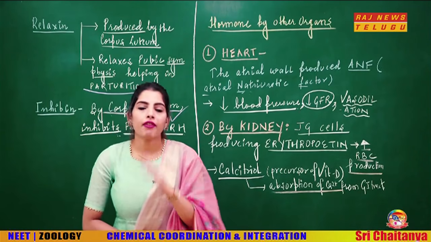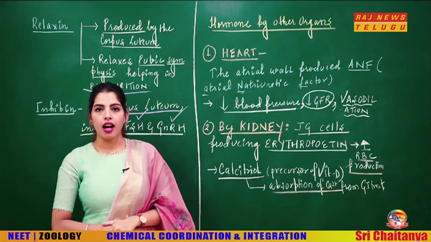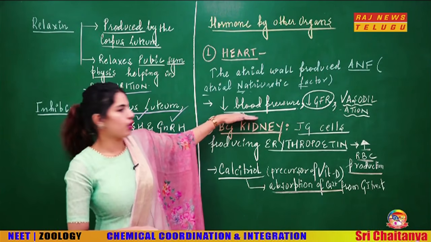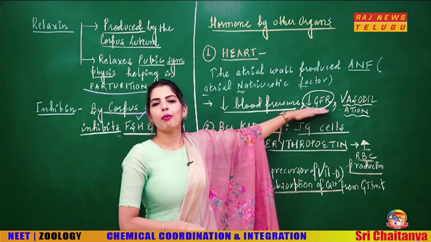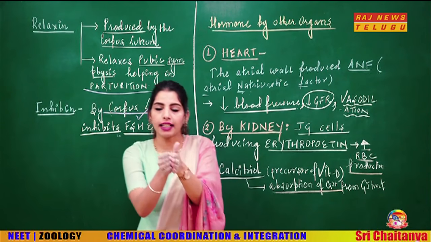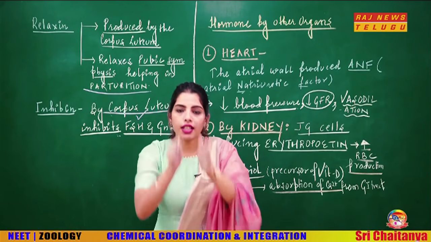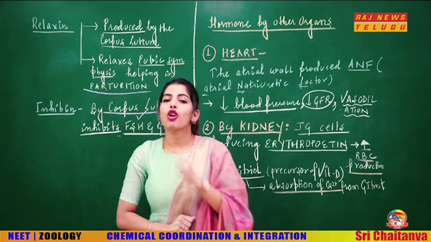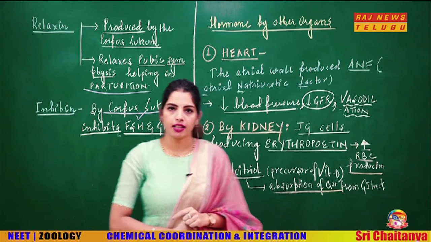This ANF produced from the wall of the heart is responsible for the decrease in blood pressure, decrease in the glomerular filtration rate, and vasodilation. It dilates the blood vessels, decreases the blood pressure, and decreases the GFR. That's the hormone produced by the heart.